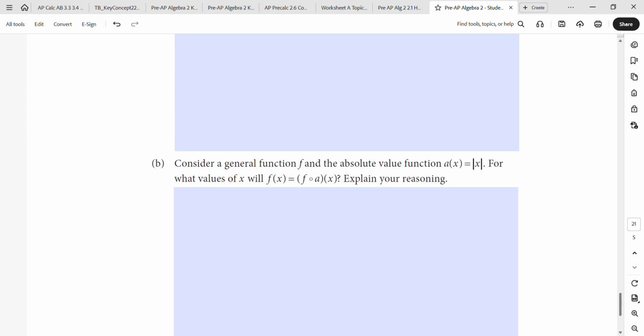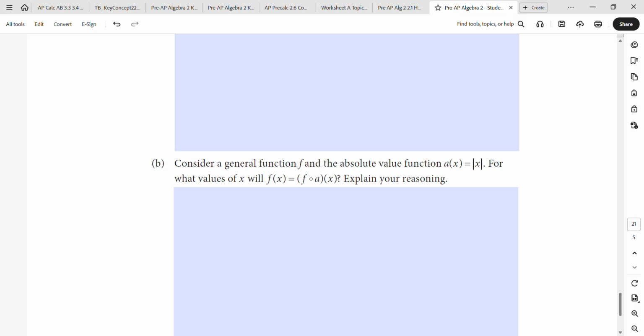In general, f composite absolute value of x is when you take the absolute value function and you plug it into the function. This means that the composite function equals f when the input of f is non-negative. One method for finding such values is analyzing the graphs. The two graphs will be the same for values of x that are 0 or positive.